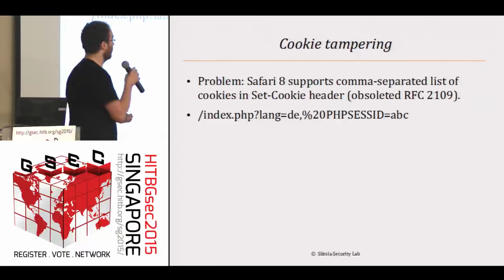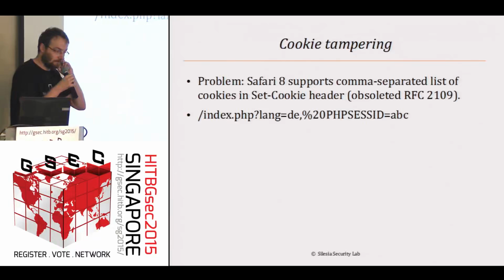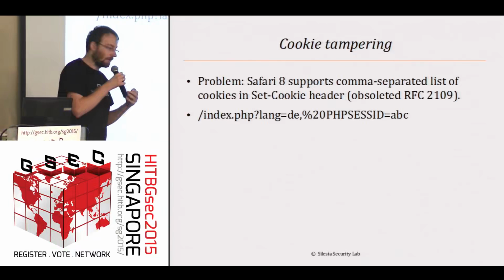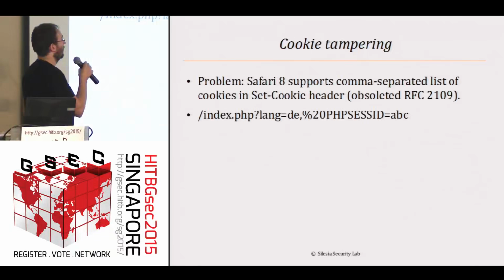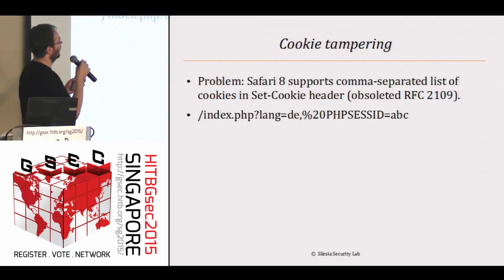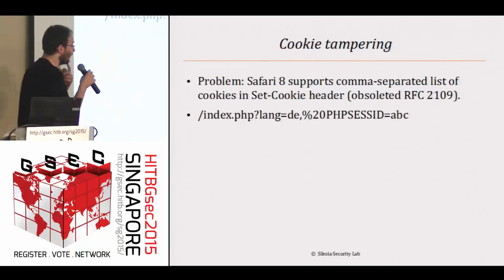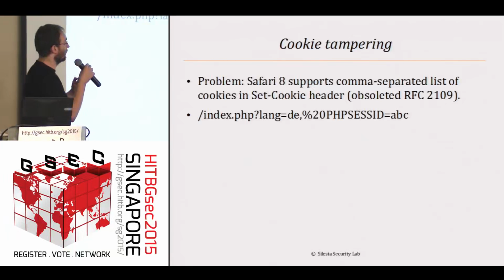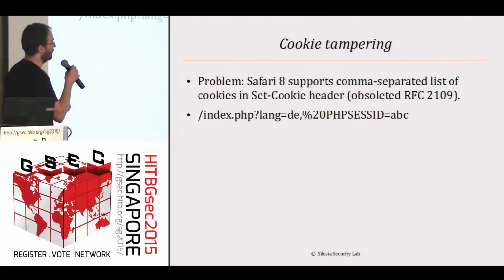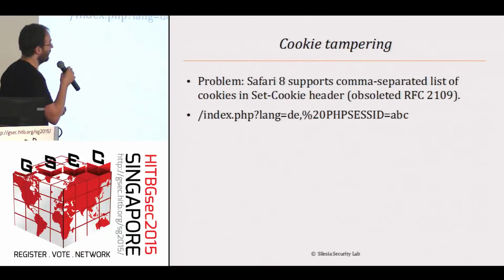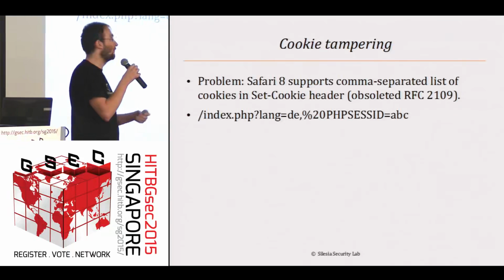So what's the consequence? The attacker, via this obsoleted comma-supported list of cookies in the Set-Cookie header from the obsoleted RFC 2109, which is supported in Safari. Of course, the prerequisite is that there is no cross-site request forgery token, otherwise we cannot launch this attack cross-origin.